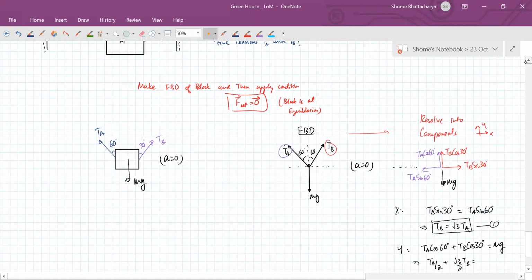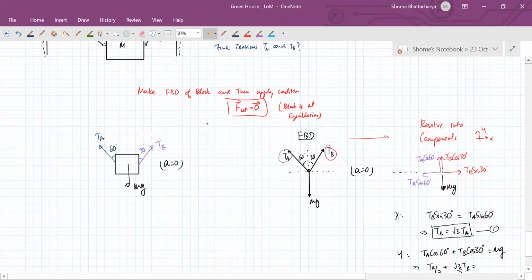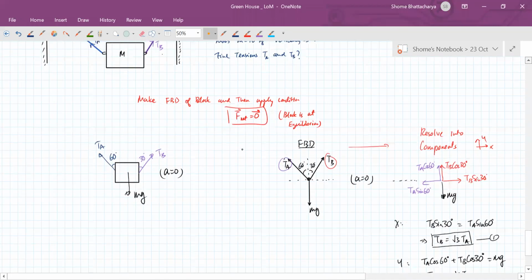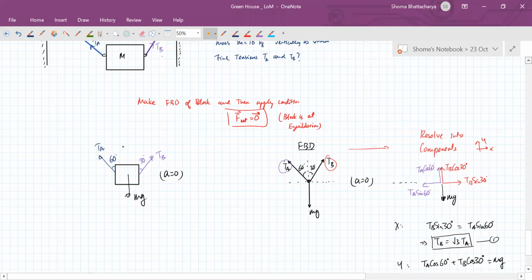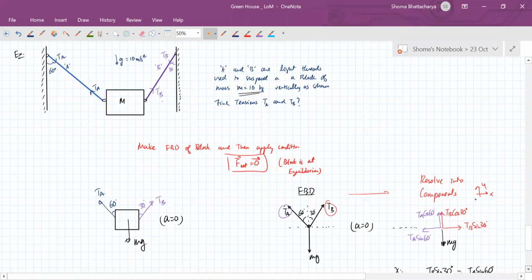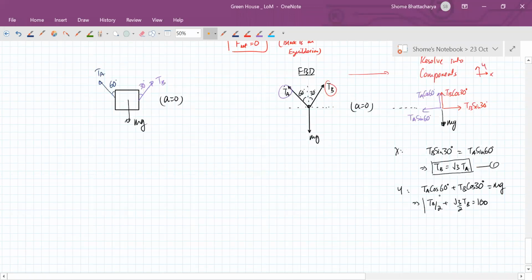It was the mass of the block, I had not given. Let's take, I had given here somewhere, 10 kgs. So this will become 100 newtons. So this is our second equation.